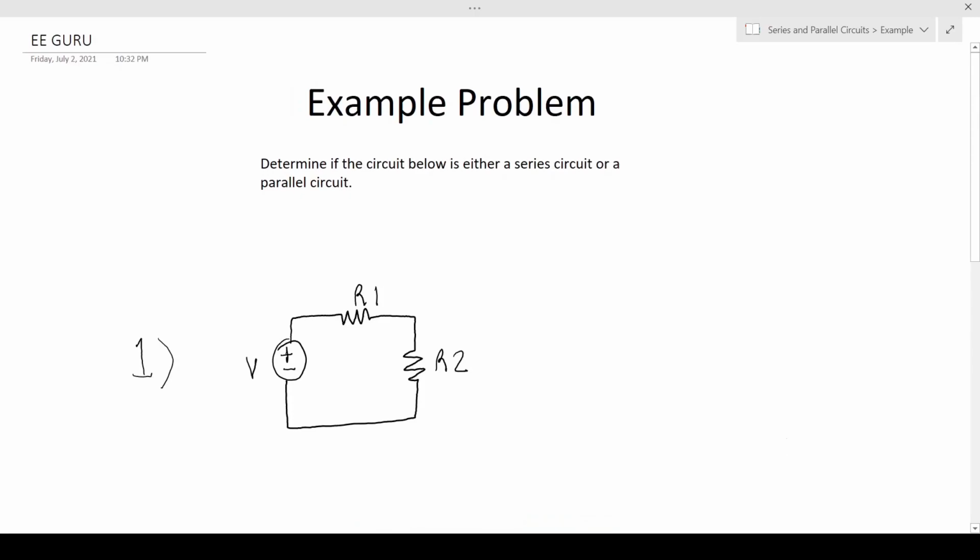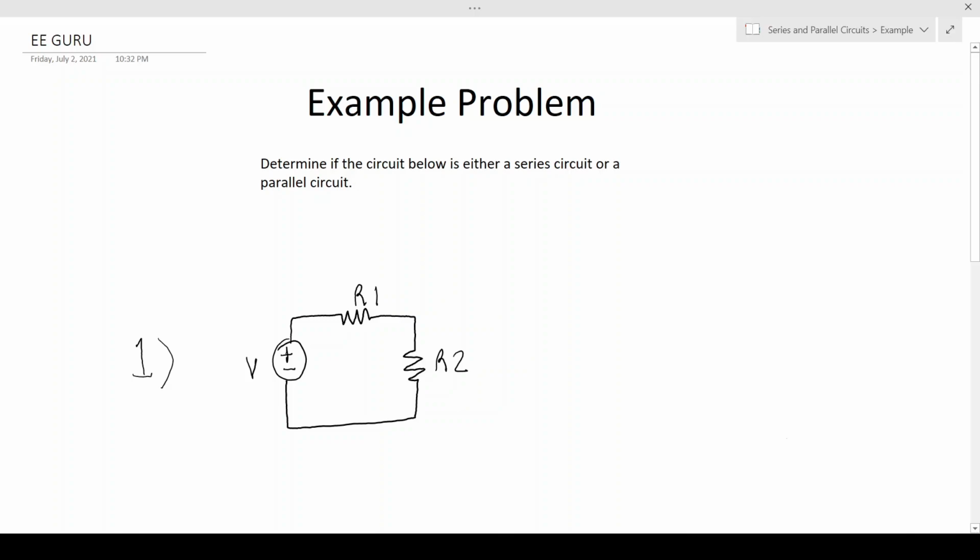The problem states, determine if the circuit below is either a series circuit or a parallel circuit. You should pause this video to try to answer the problems on your own, and then we can work through it together. The first thing to do in determining if a circuit is a series circuit or a parallel circuit is to look at the circuit and see if it has nodes.